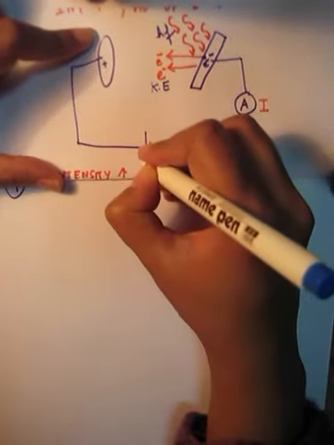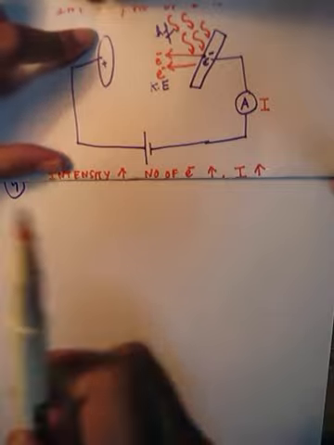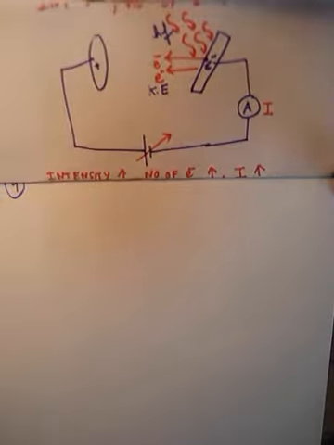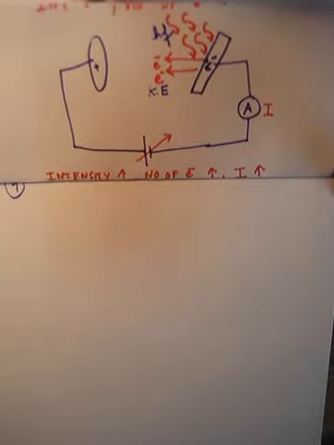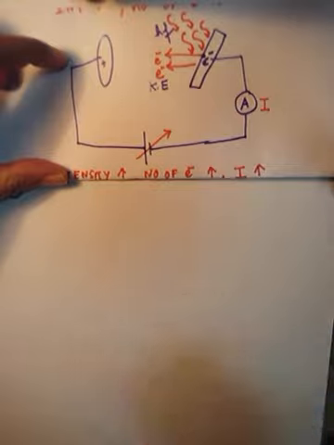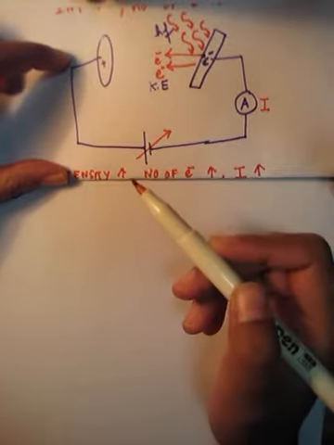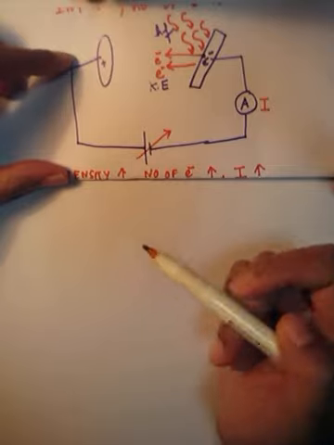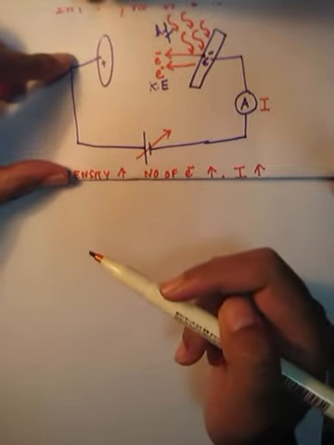Now this potential source or battery is a changeable source. You can change the potential on this battery. The positive and negative can be changed, the value of the potential difference can be changed, everything can be changed about this battery. It's a battery which can be changed in every respect.